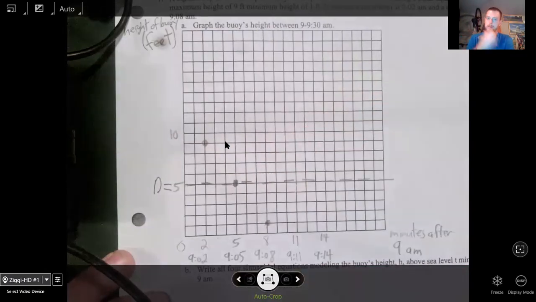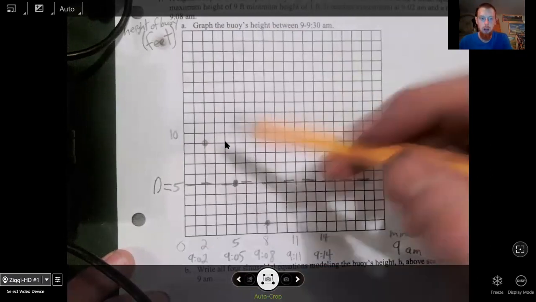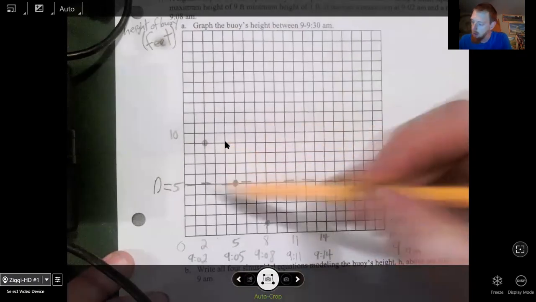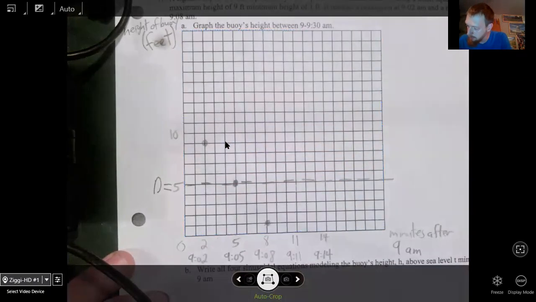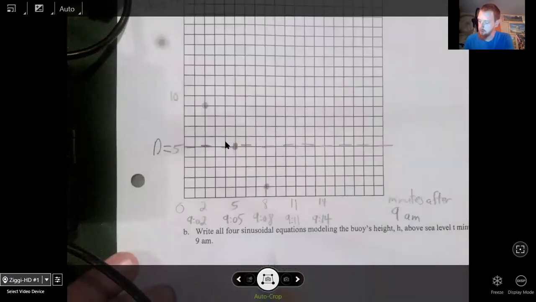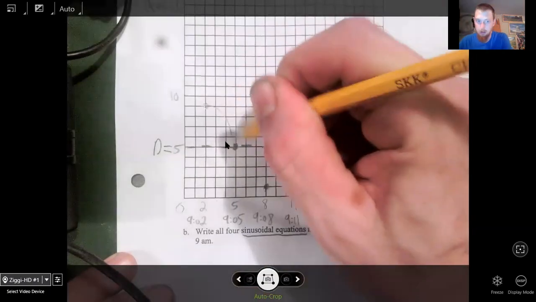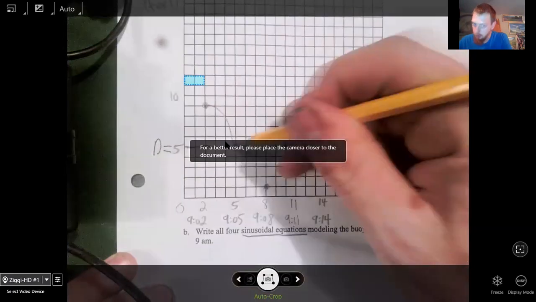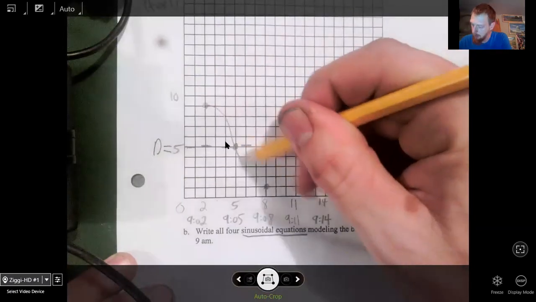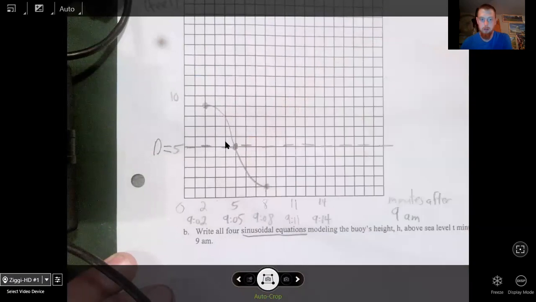And then you've got to be careful. You've got to really resist the urge to connect those with a straight line. You're like, slope, all right, down 4/3. No, because it's asking you to write sinusoidal equations, right? So that means we need to have a nice smooth curve coming down like this, and then going from the line of symmetry down to the minimum value.